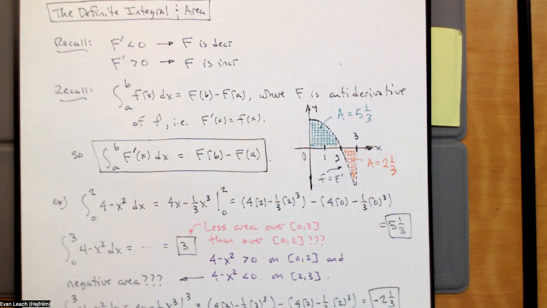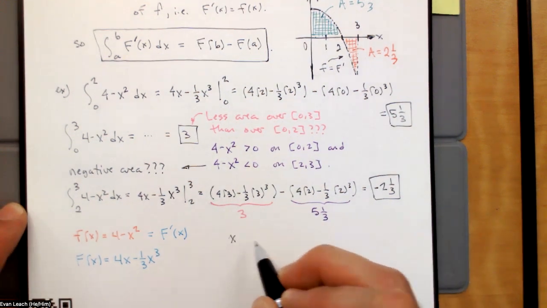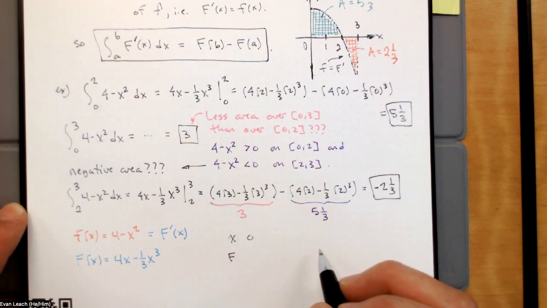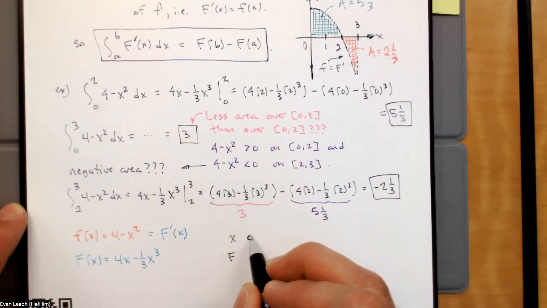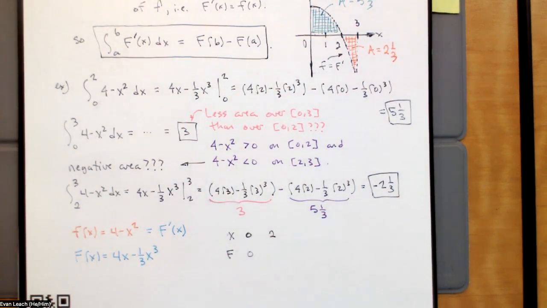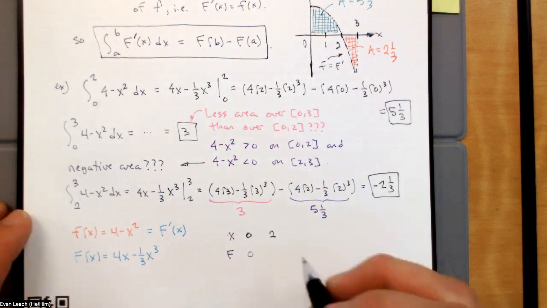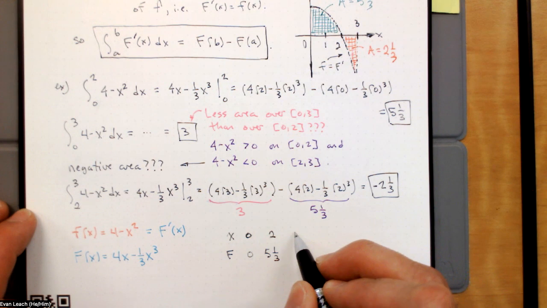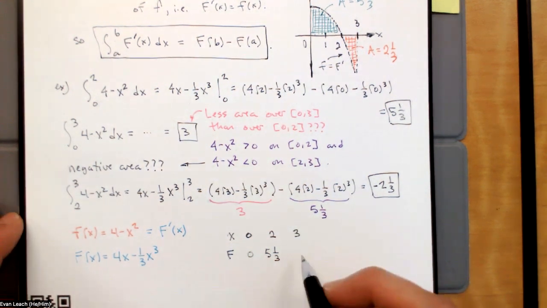Let's make a table of values for our function capital F. If I look at F at 0, I'm going to get 0 because I picked 0 to be the constant. Then at 2, the value of capital F is 4 times 2 minus 1/3 times 2 cubed, or 5 1/3. At 3, the value of capital F is 3.